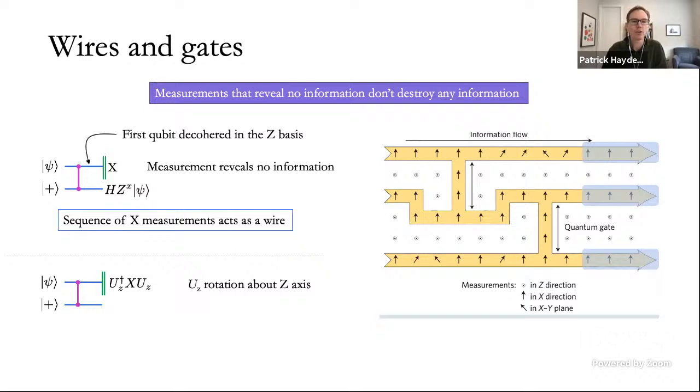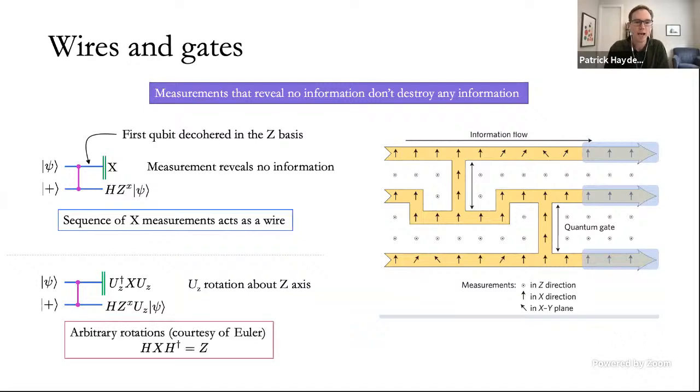Well, a unitary that rotates about the Z axis commutes with this controlled Z operator. And so we could actually just move this unitary UZ onto psi. And so the effect is, again, to propagate the information, but with the unitary applied to psi itself as well. This gives us a way to apply at least rotations about the z-axis to input states.